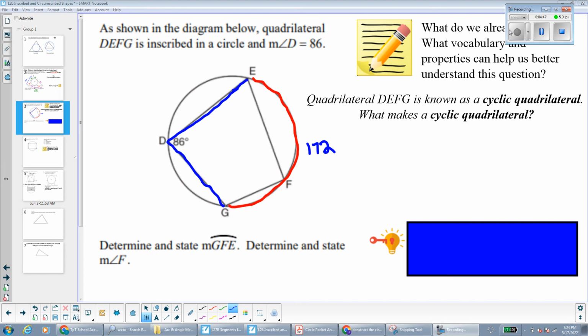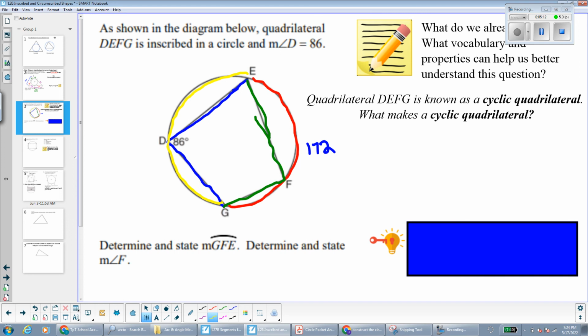From here, it's asking us to state the measurement of angle F. What kind of angle is angle F? Think about where its vertex is located. If you said inscribed angle, once again, you are correct. Angle F is an inscribed angle intercepting arc GDE.